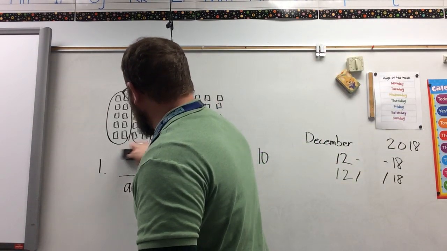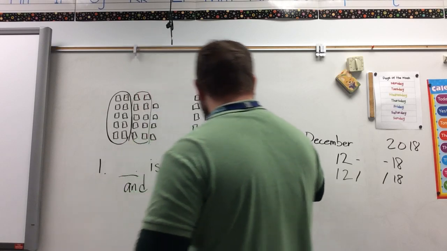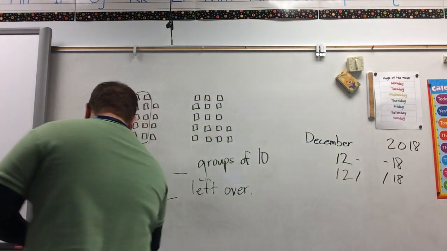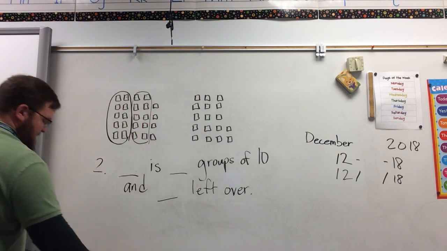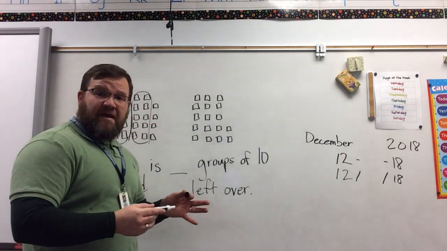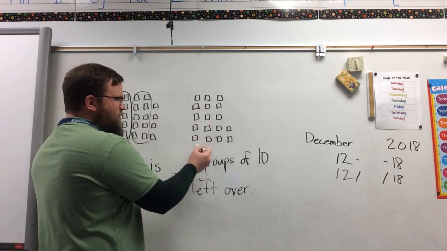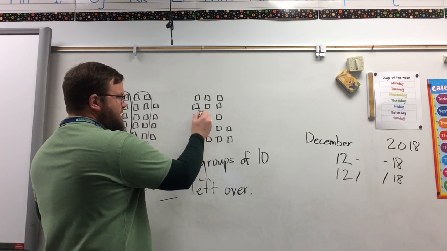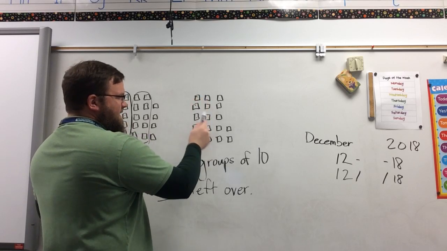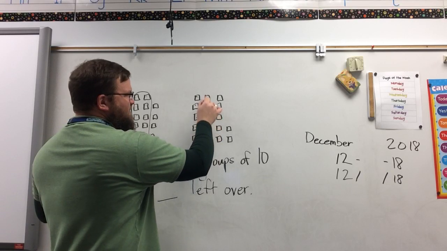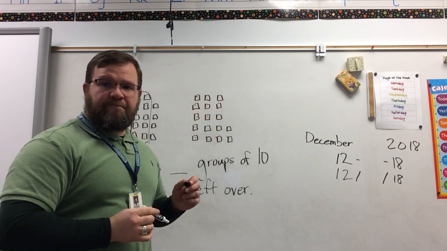Now we're going to do number 2, the second one. Okay, so same thing. We're going to look and count how many are in each column. 1, 2, 3, 4, 5. And it looks like I have 3 columns that look that way. And remember, how many columns do I need to make 10? That's right.